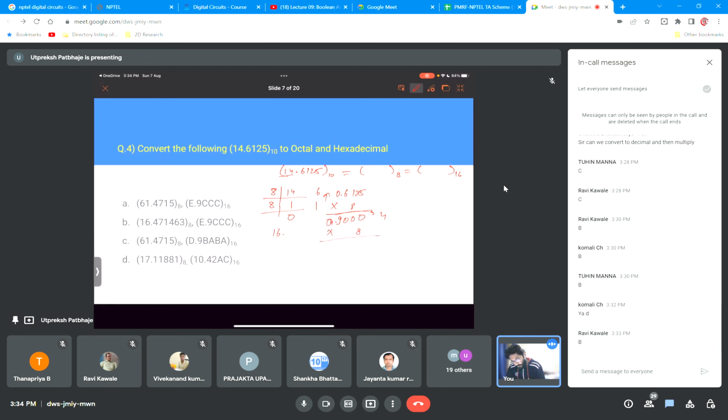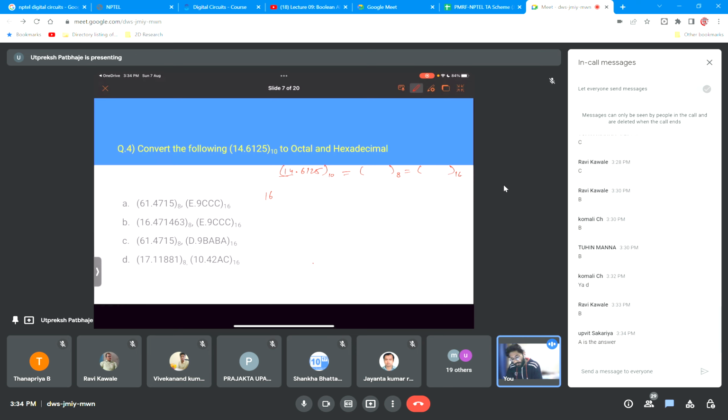So this becomes 0 again. So pretty much it will be something 16.47 in our octal. Now trying to convert this into hexadecimal. Similarly, since we need to convert to base 16, I will divide this number by 16, and multiply the fraction to the right of the decimal by 16.